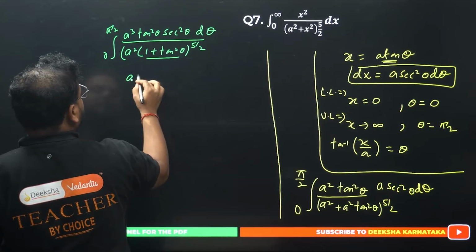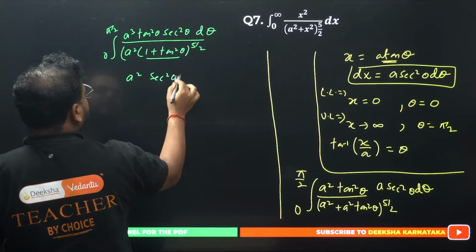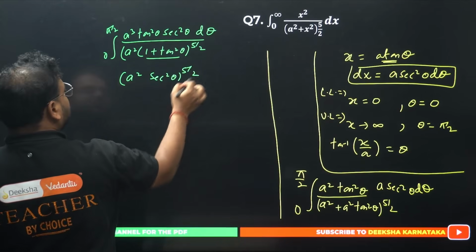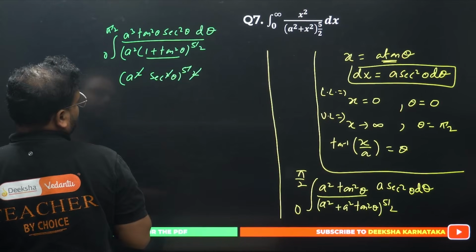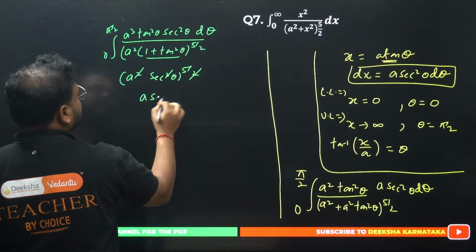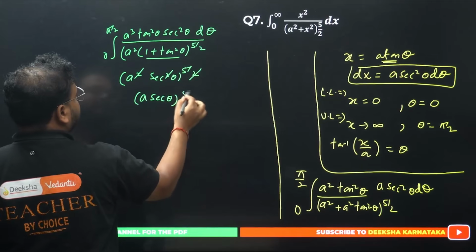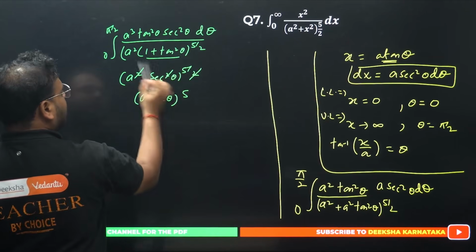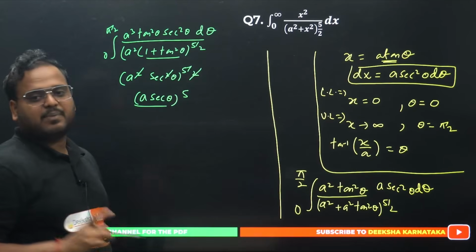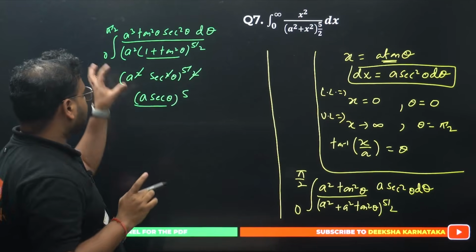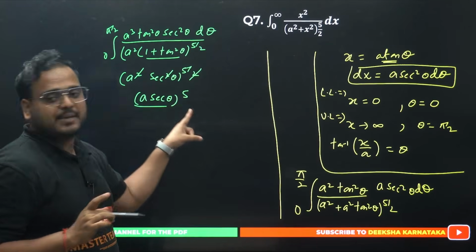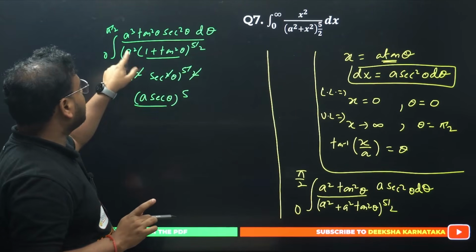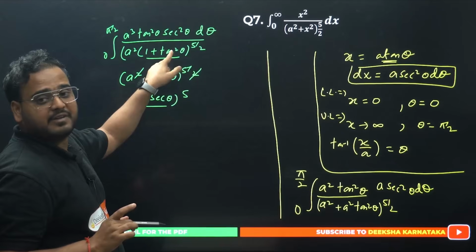It will become a square sec square theta power 5 by 2. So the 2 and the 2 cancel. I get a sec theta power 5. I'm going to replace the whole denominator by a power 5 sec power 5.